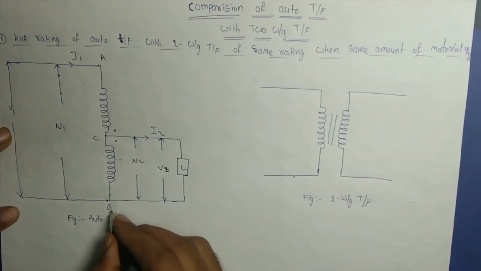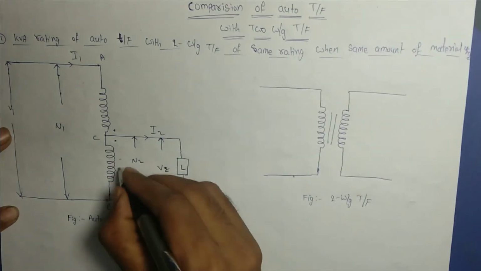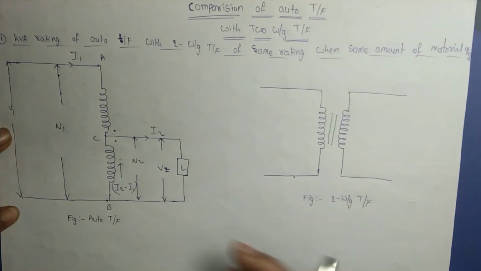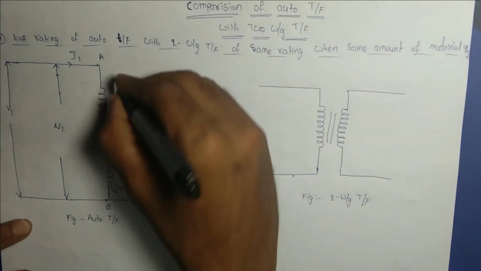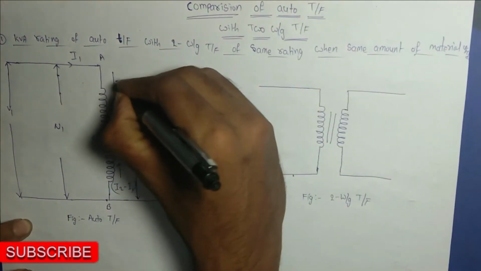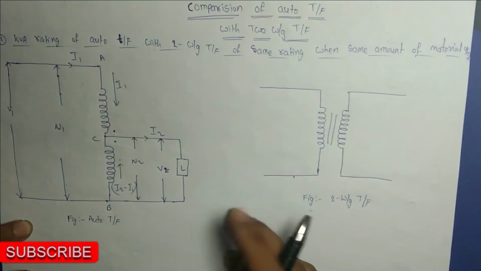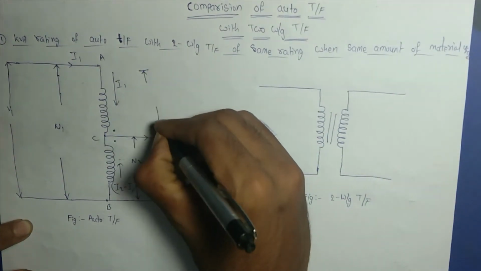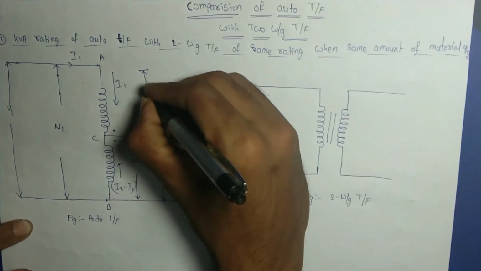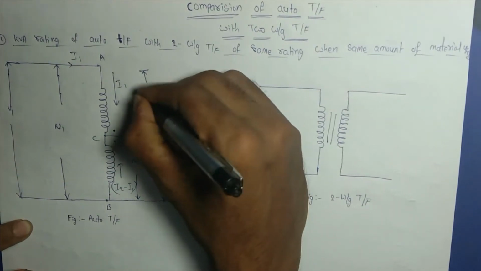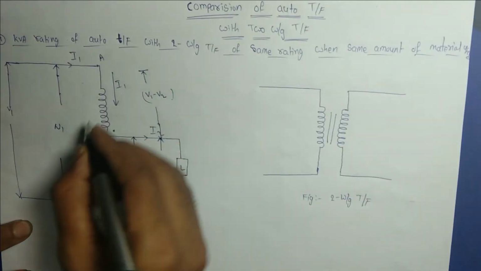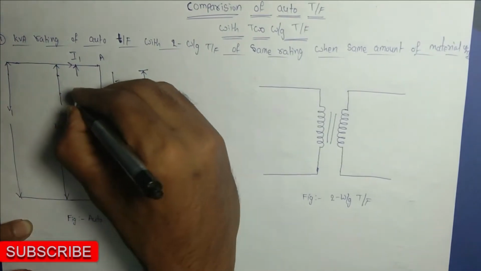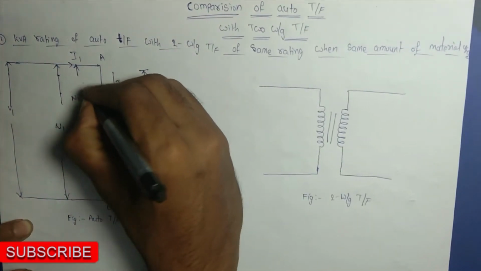The current flowing from B to C is I2 minus I1, by applying KCL. Here current is I1. The voltage appears across AC is V1 minus V2. The turns present in section AC is N1 minus N2.